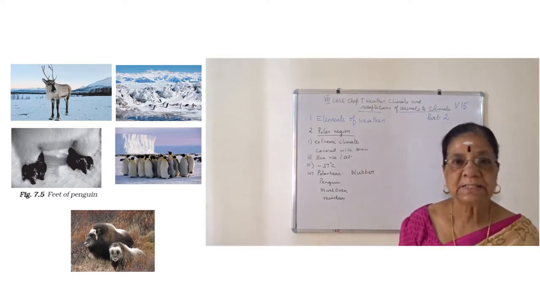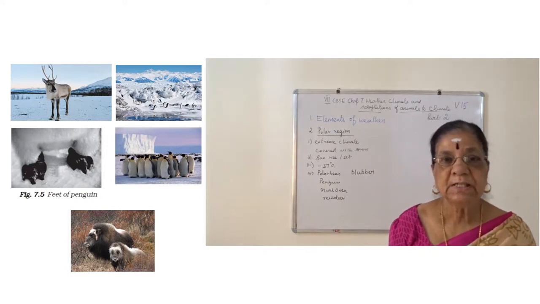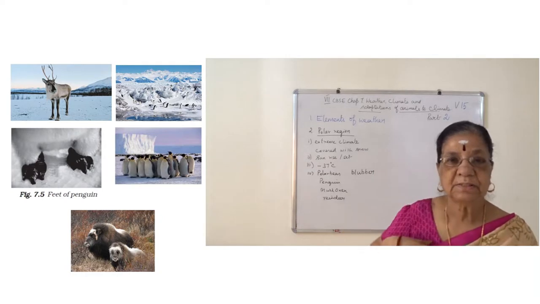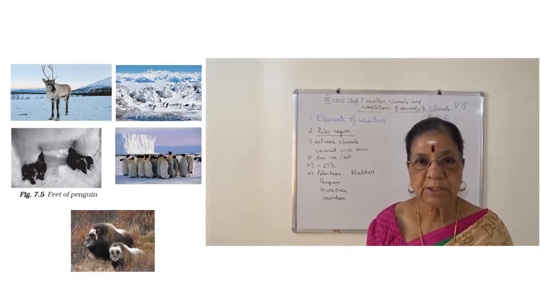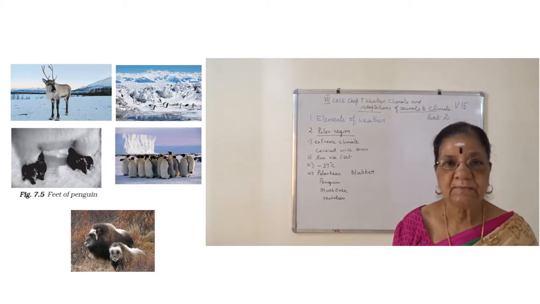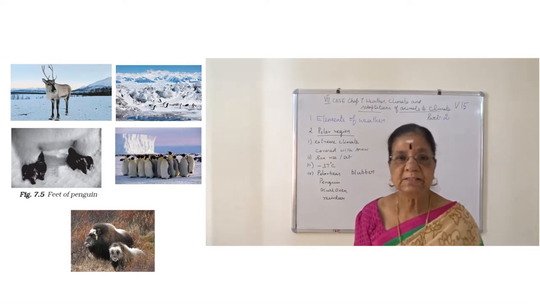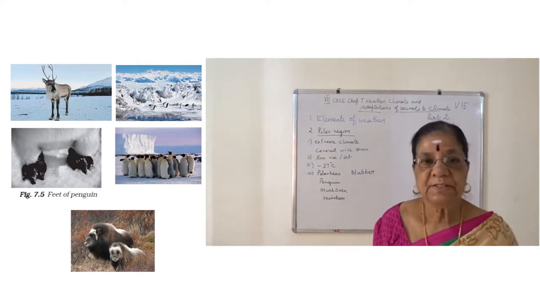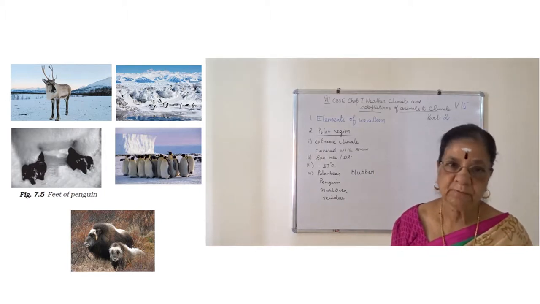Then it has strong, long, sharp claws, which help the polar bear to walk on the snowy ice. Then it has a thick, fatty skin under the fur, which acts as an insulator and keeps the body warm.